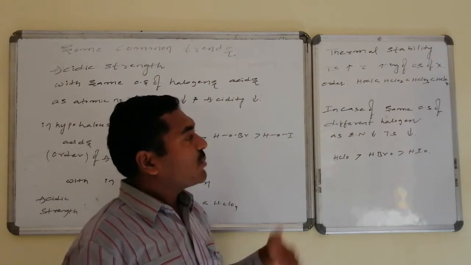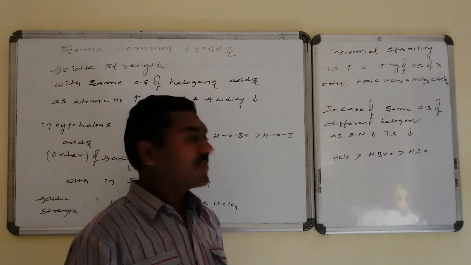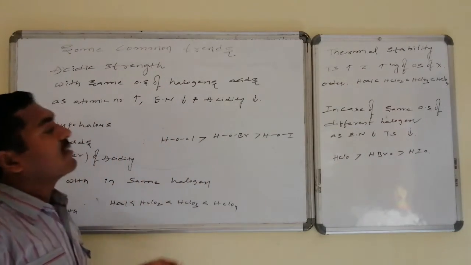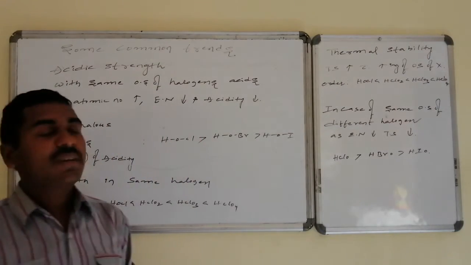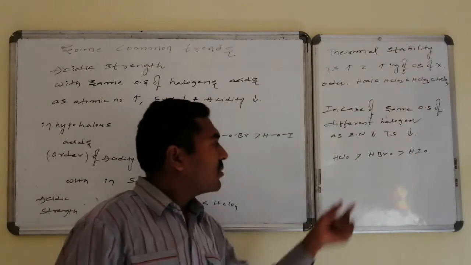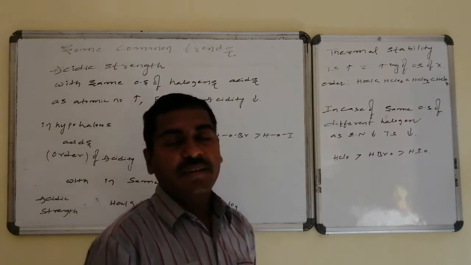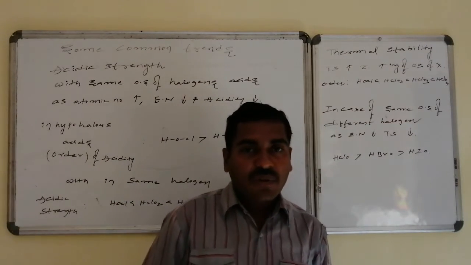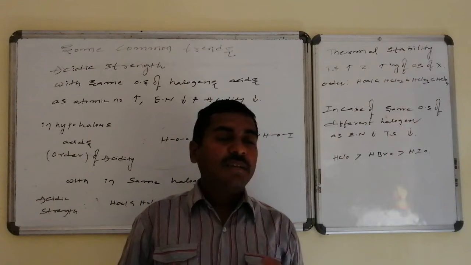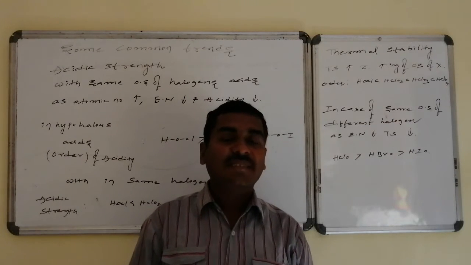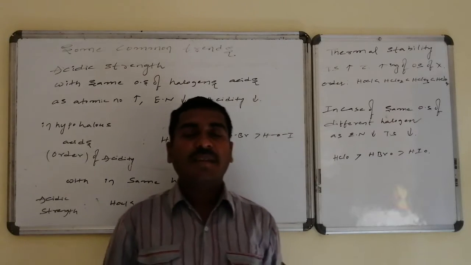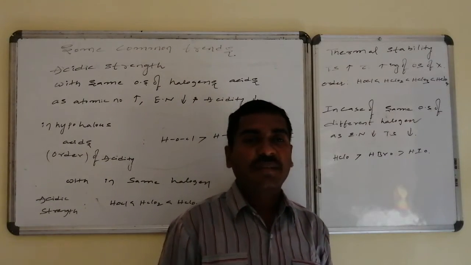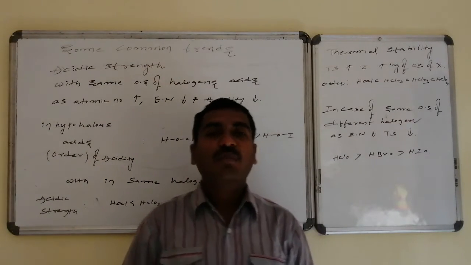In case of the same oxidation state of different halogens, once again, as the electronegativity decreases, thermal stability decreases. Once again the same reason, overlapping of orbitals will be the deciding factor. In case of chlorine and oxygen, the orbitals are similar in size, with lesser difference in size, giving maximum overlapping, hence the maximum strength of attraction is present in the form of bond energy, and higher will be the thermal stability.